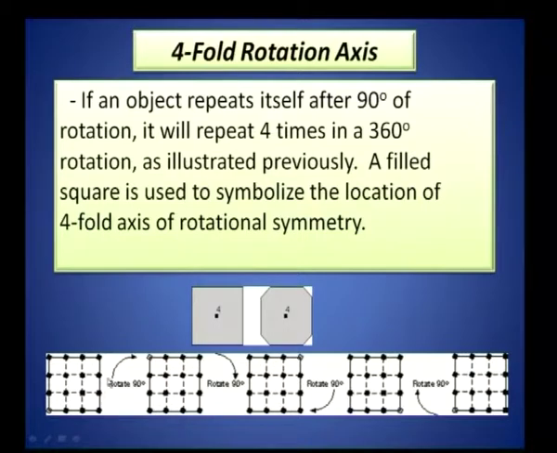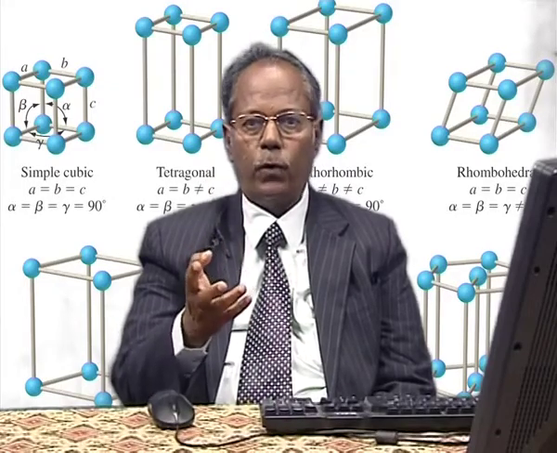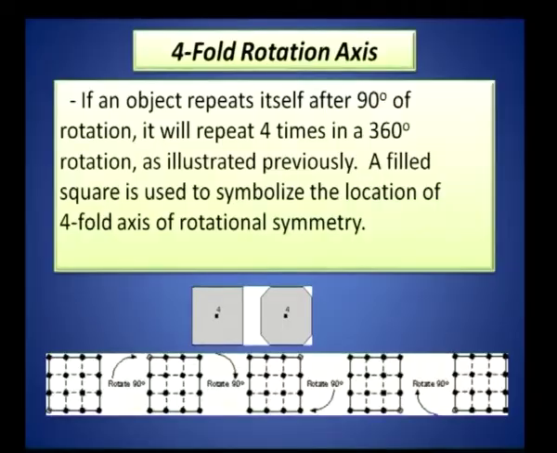When it is rotated through 90 degrees, it goes to a lattice here, which is in no way different from this lattice. Again rotation through 90 and so on. So, a square lattice, by now all of you know, will have a 4-fold rotation axis. An equilateral triangle will have a 3-fold rotation axis, whereas a square will have a 4-fold rotation axis.